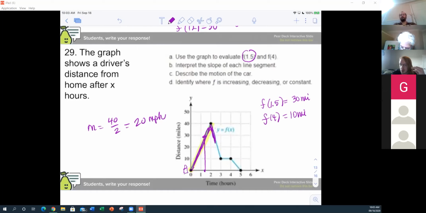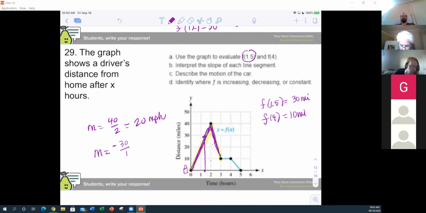So what's the slope of this line right here? Negative 20? Or negative what? Okay, so it's down 30, right? Over 1. So it's going to be minus 30 over 1.